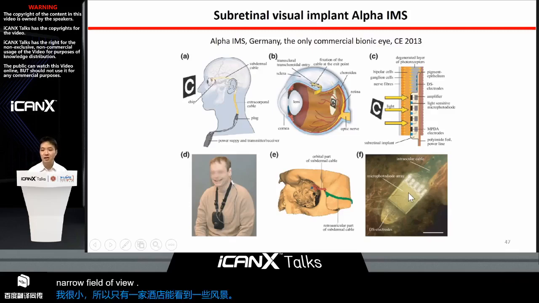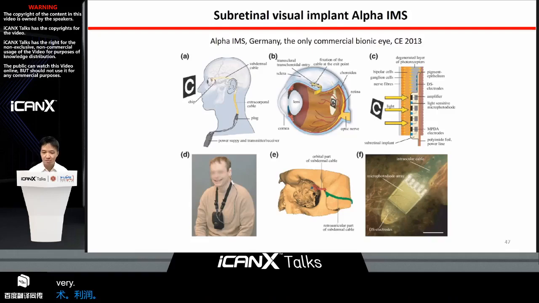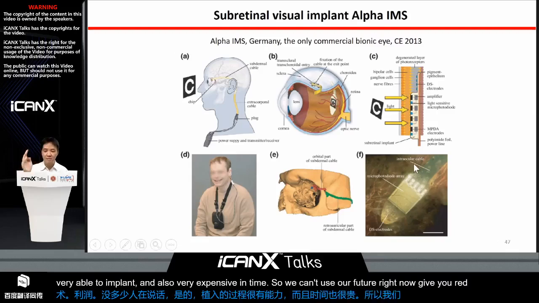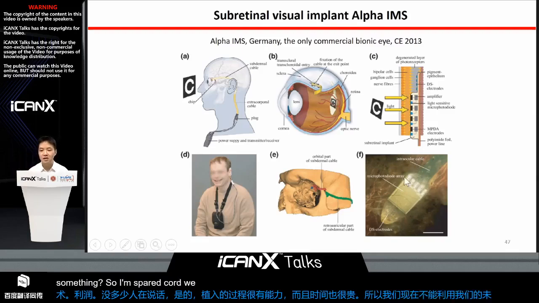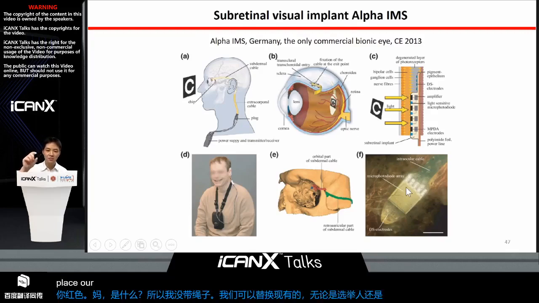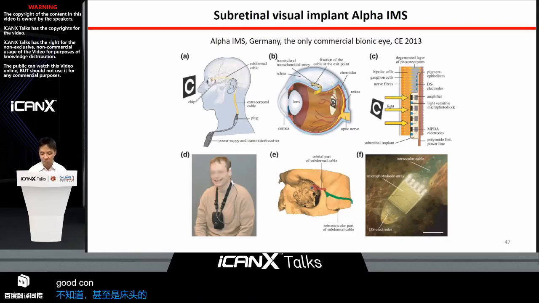So there are only these two technologies in the market. And not many people are adopting them because the process is very painful to implant and also very expensive at the same time. So if we can use our artificial retina, because our artificial retina itself is hemispherical, if we can replace the existing electrode or image sensor and place our artificial retina either on the front side or the back side of the retina, we have a chance to form very good contact with the human retina.